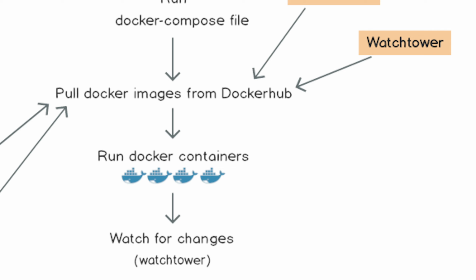Watchtower then sees those updated images on Docker Hub, and then Watchtower pulls the images to my DigitalOcean server that I'm running, and it basically stops the old container with the old code running, and it spins up the new container with the new updates that I've made.